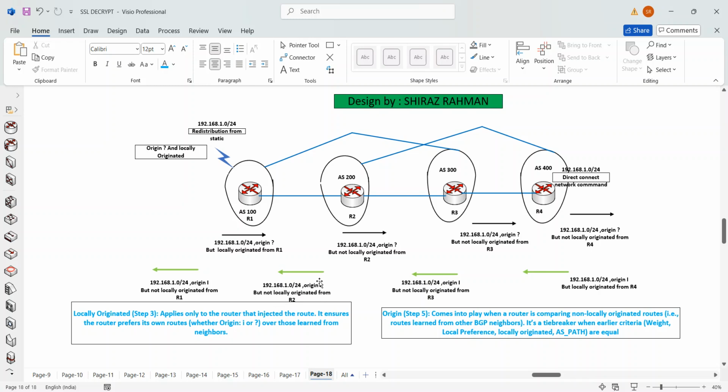No, but the origin is I. Origin doesn't change. The same goes once it reaches here. That is the difference between locally originated and origin. So which route will R1 install?